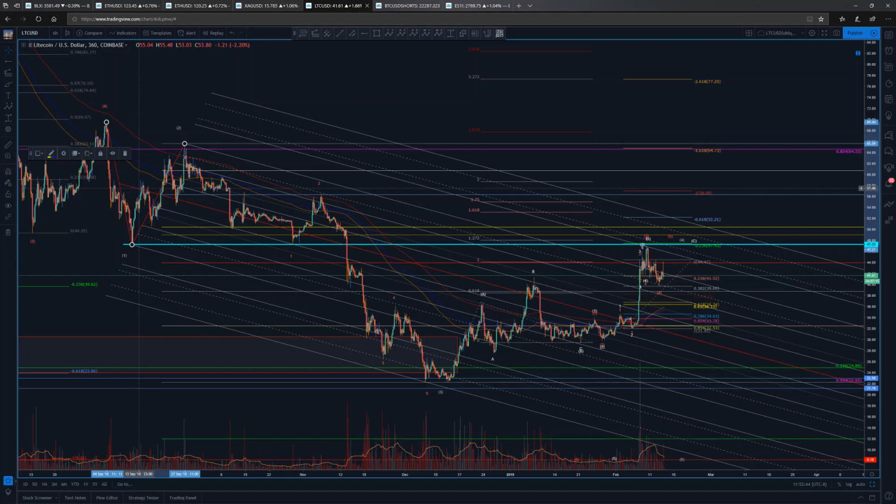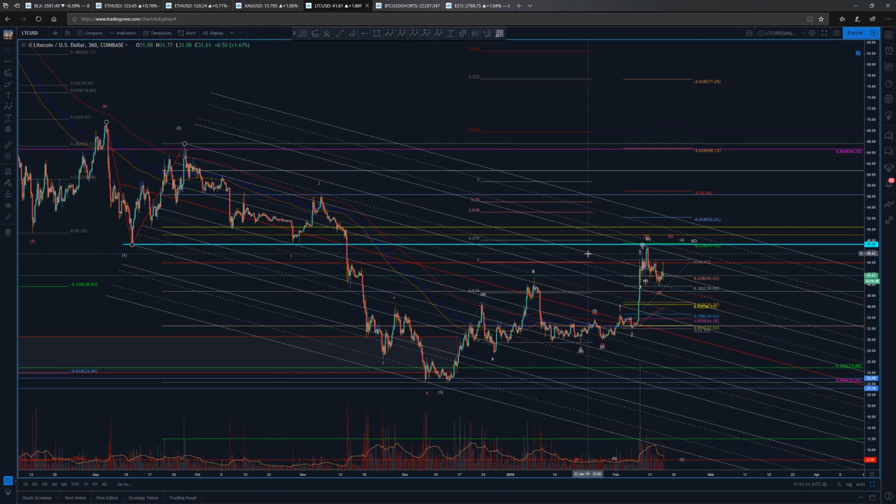You can see that this is holding it really well on all the moves. You get a touch here, touch here, touch here, touch here, touch here, touch here. Almost perfect touches of each one of these fib lines. This is kind of a hybrid of a fib pitchfork that I've shown you before, and also just the standard increments of 0.5.